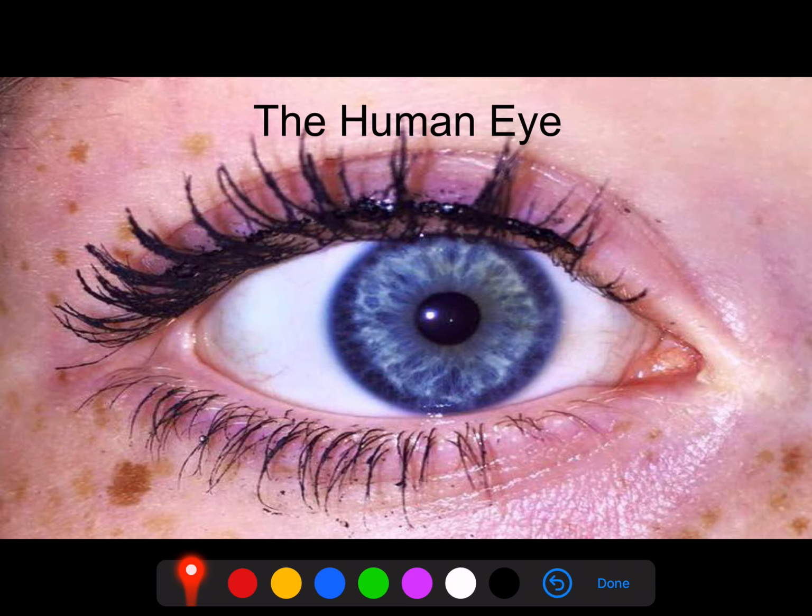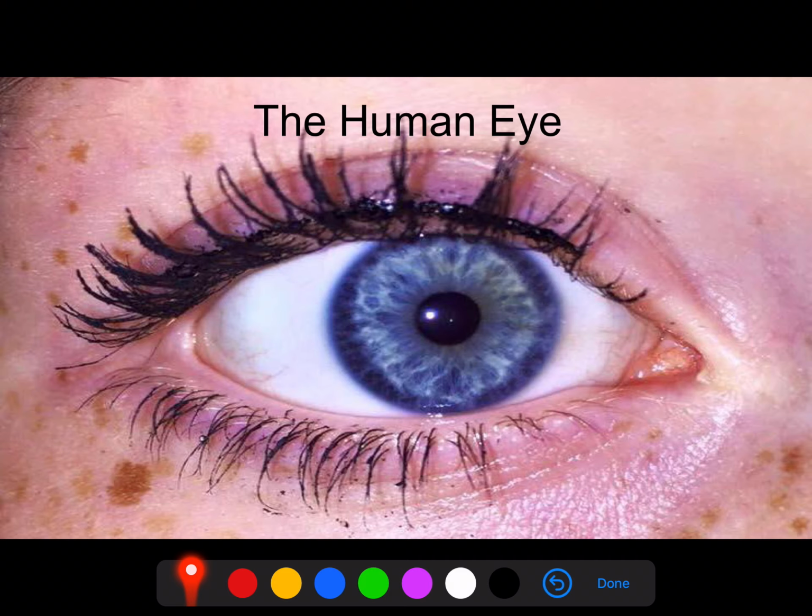Since that time, she now wears corrective lenses, because that point of focus is no longer hitting the retina of her eye without the corrective lenses. And we're going to talk about how that kind of refraction and image formation through corrective lenses takes place in some examples.